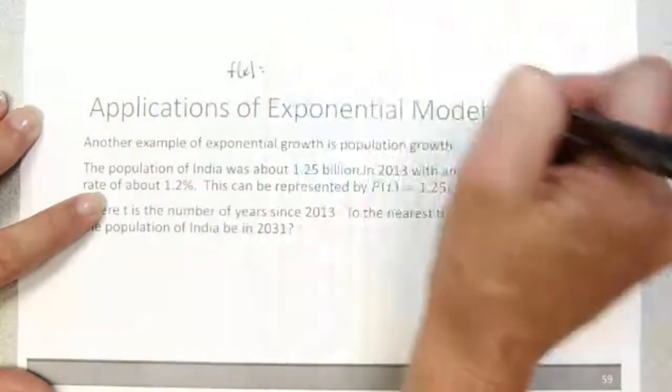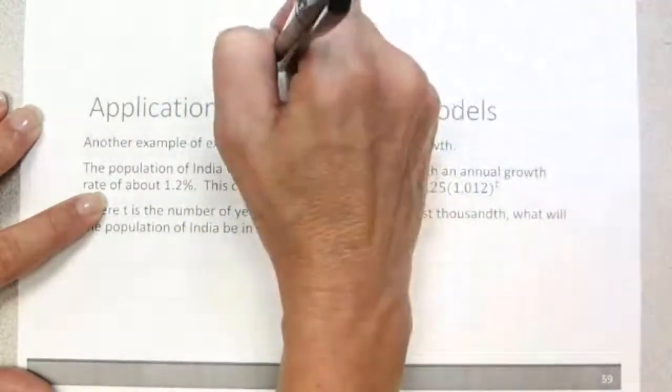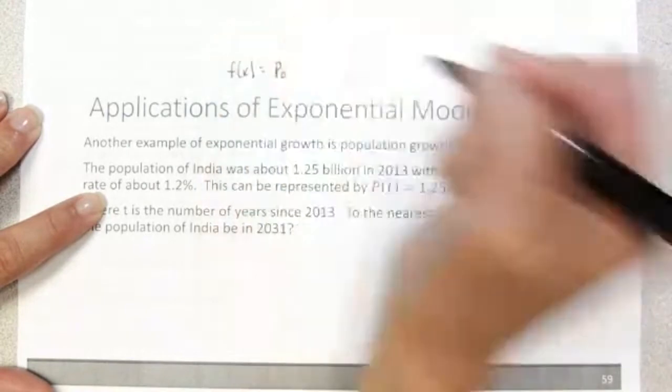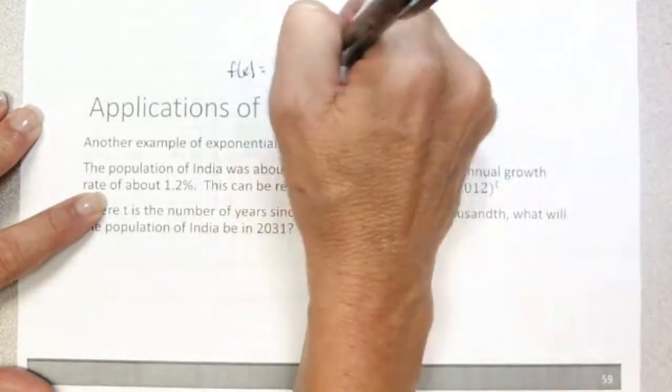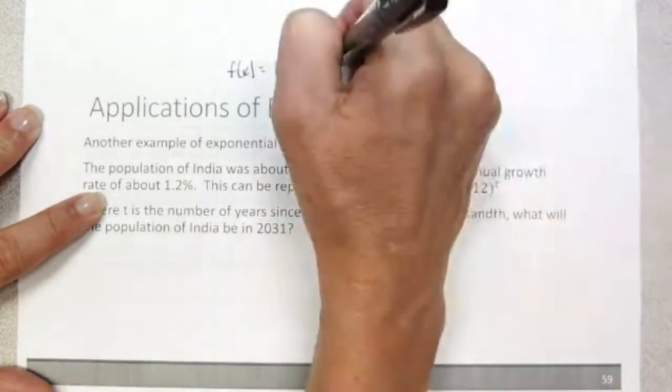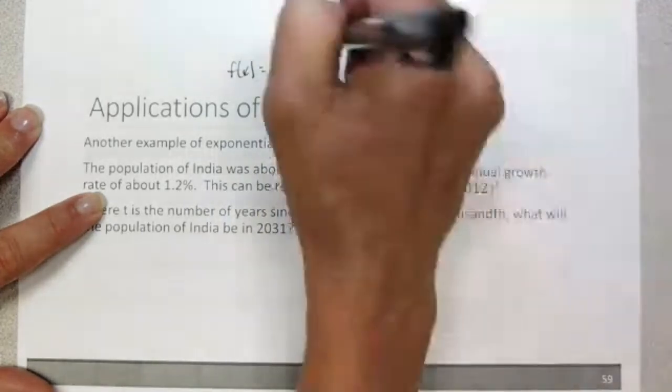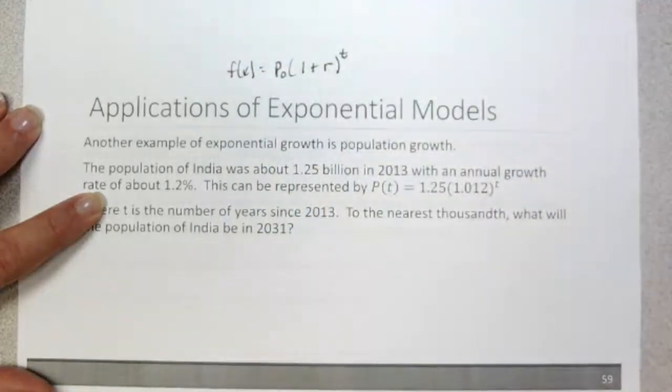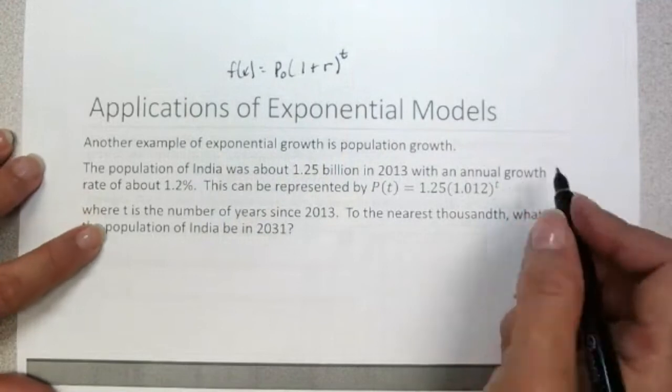Some function is going to equal the initial value, maybe we call it p sub 0, times 1 plus the growth rate, or 1 minus the decay rate, raised to the t power. So that's our model that we have here.